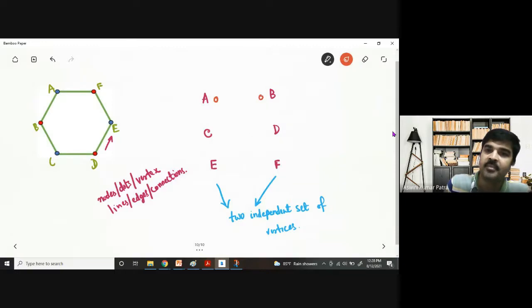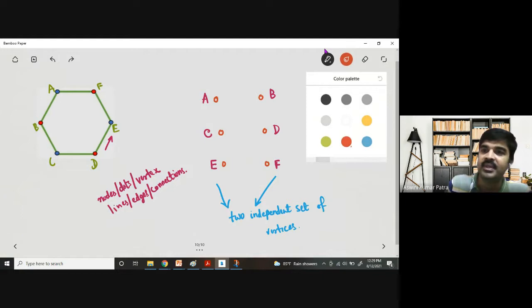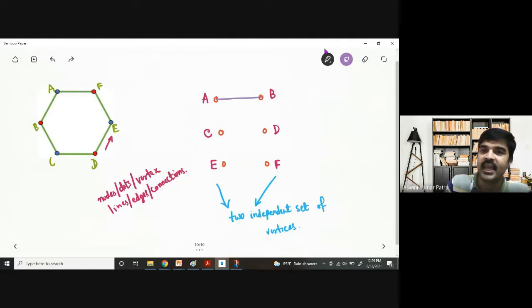That means I can have the nodes A, B, C, D, E, F, and A is connected to what? Tell me. Let me use a different color just to differentiate things. See, A is connected to B and A is connected to F. B is connected to C and B is connected to A already.